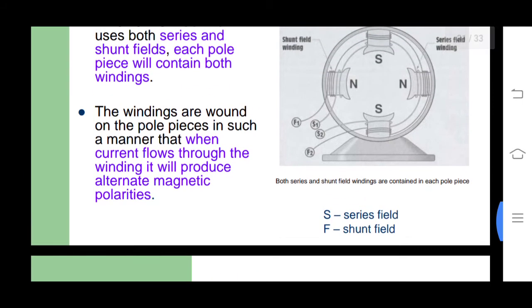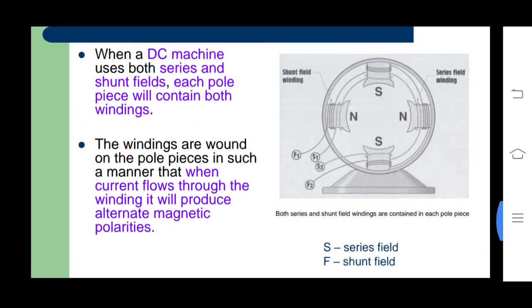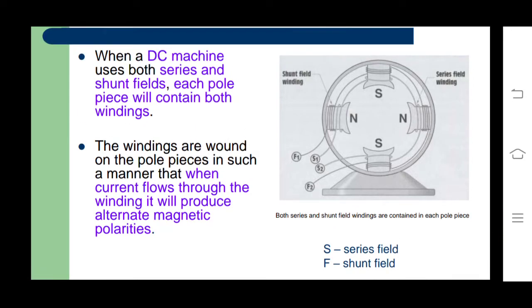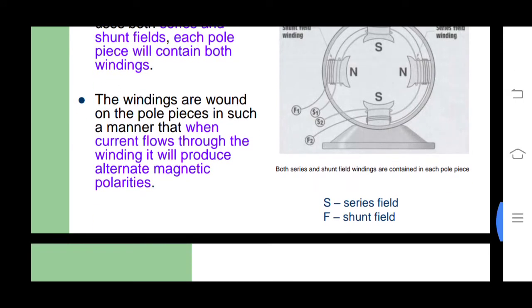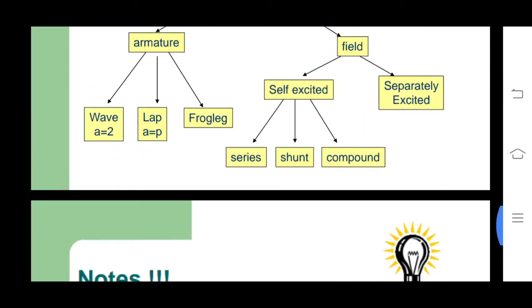S is the series field, F is the shunt field. Series field winding and shunt field winding.